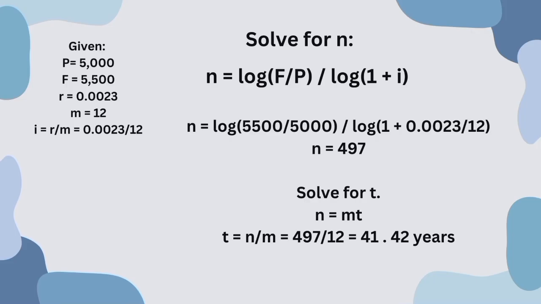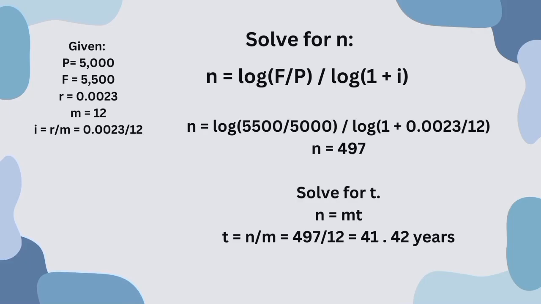So, n is equal to logarithm, open parenthesis, 5,500 over 5,000 close parenthesis over logarithm, open parenthesis, of 1 plus 0.0023 over 12 close parenthesis. So our n is 497.